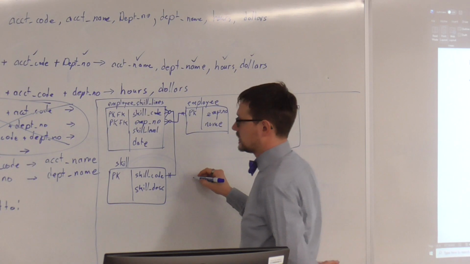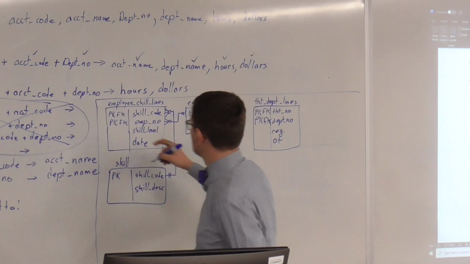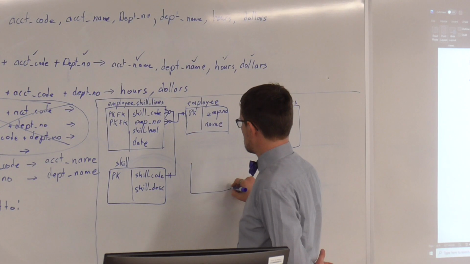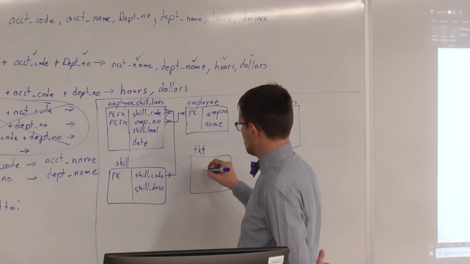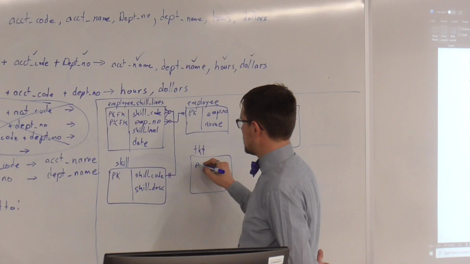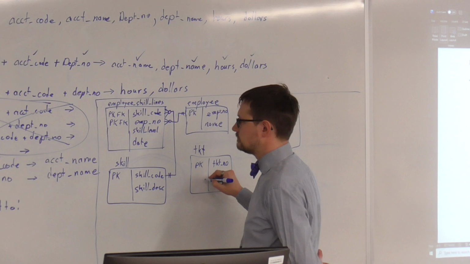Now, we also have ticket number. So this will be the ticket table, primary key, ticket number. Is it a foreign key?